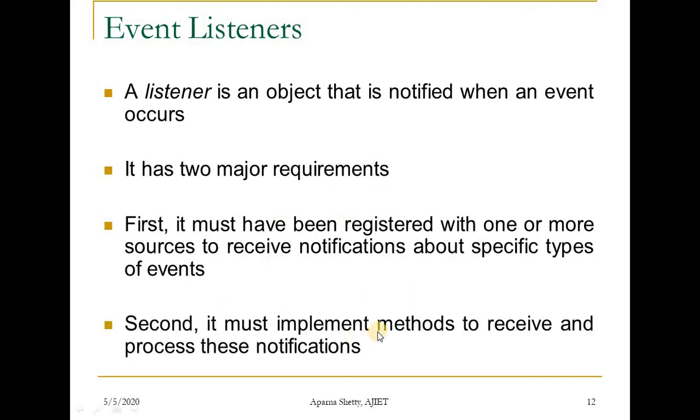Second, it must implement methods to receive and process these notifications. So once it registers itself with the source, it must also have methods to receive and handle the events.